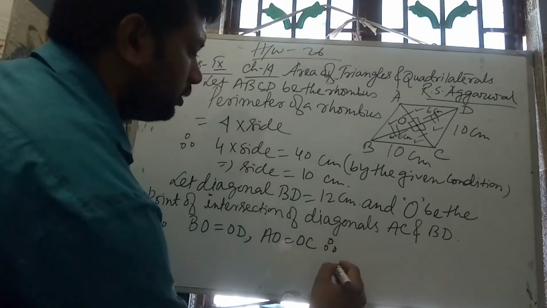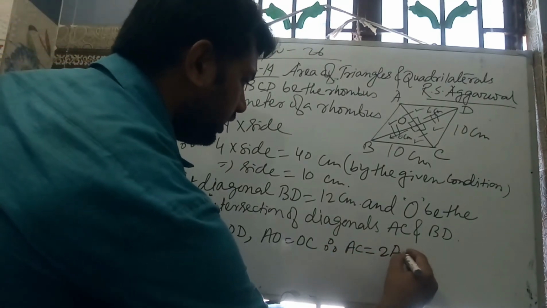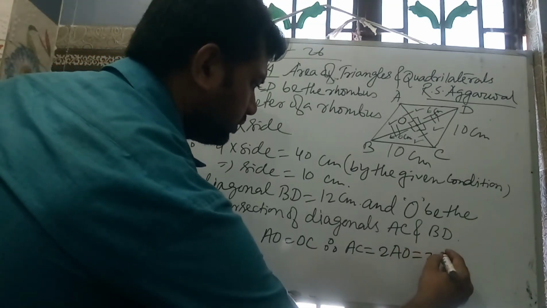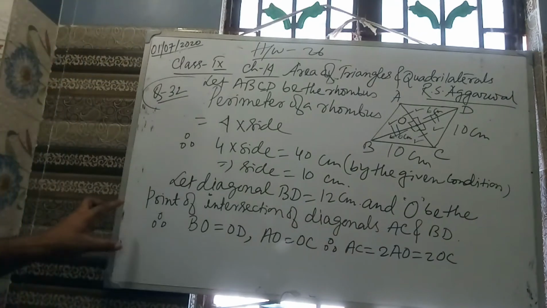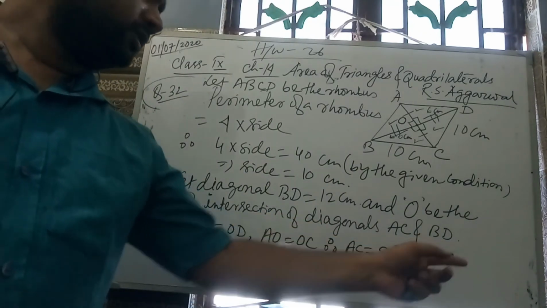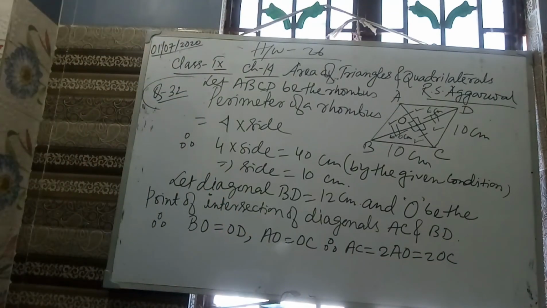Therefore, AC equals 2 times AO, or 2 times OC.